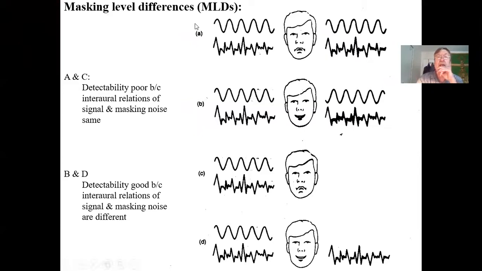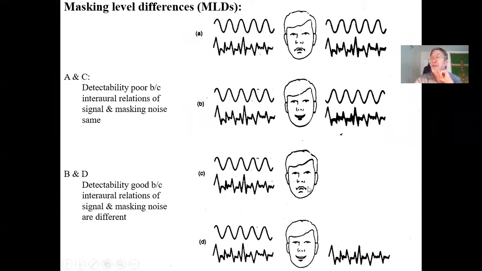The signal is identical to both ears, and the noise is identical to both ears. The signal is the top wave, and the noise is the noise wave, the jittery one. The guy on the second row is happy because, look, the signals are in opposite phase. Even though the noise is the same, the signal is in opposite phase.